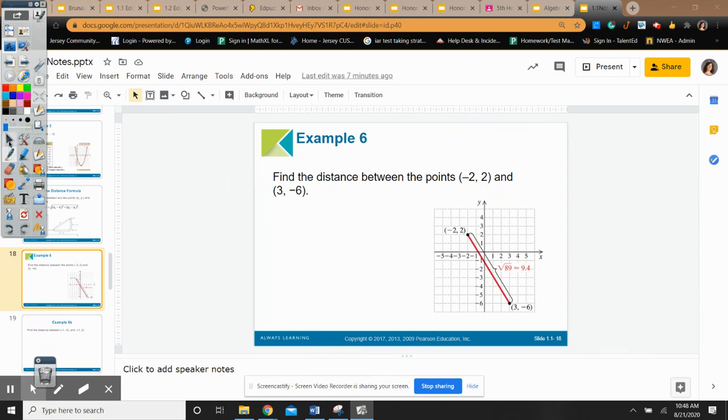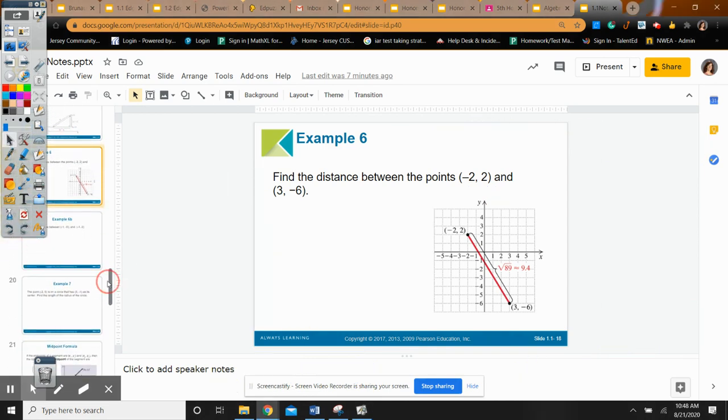So if you want to try to do those points without using the formula, that might be good practice for you.